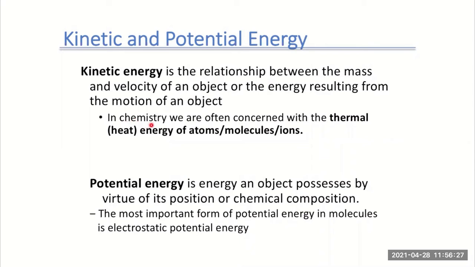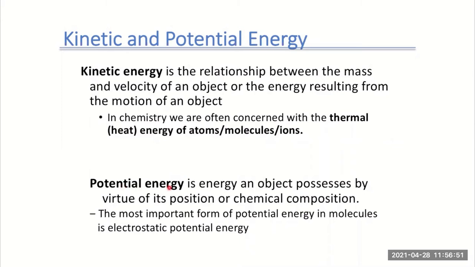In chemistry, we're often more concerned with the thermal energy or heat energy of the atoms or molecules. We always relate energy to heat and how hot something is in chemistry. That allows us to think about the kinetic energy, because atoms that are hotter move faster.